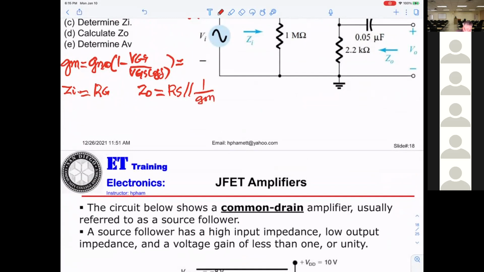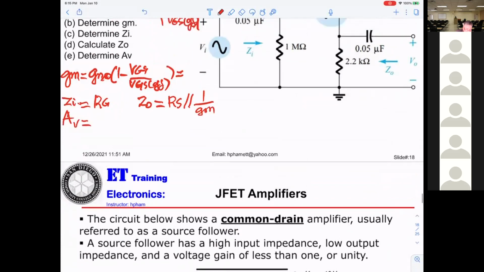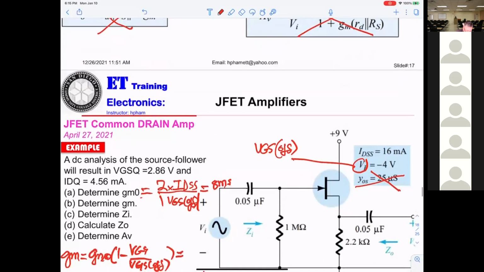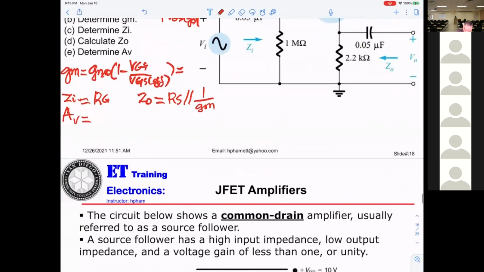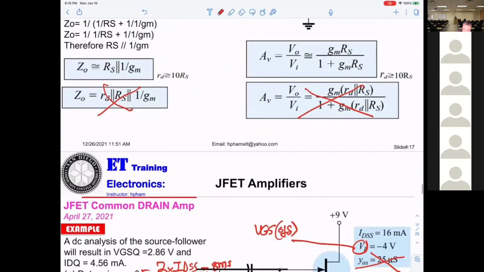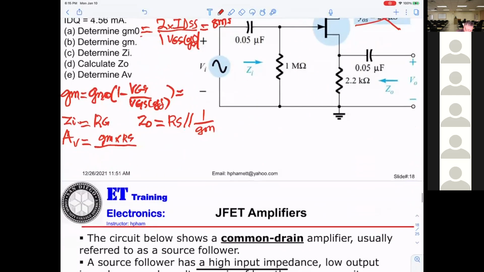Okay, and AV equals GM times RS divided by 1 plus GM RS. That's the only thing you need to calculate. And I already gave you the formula for you.